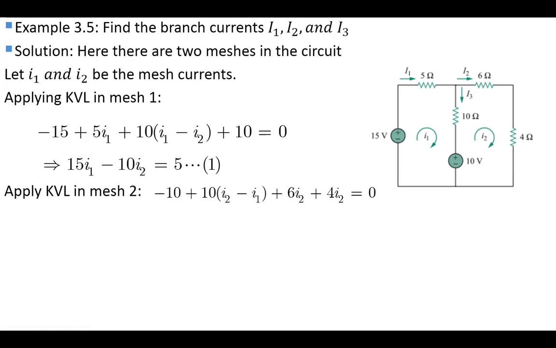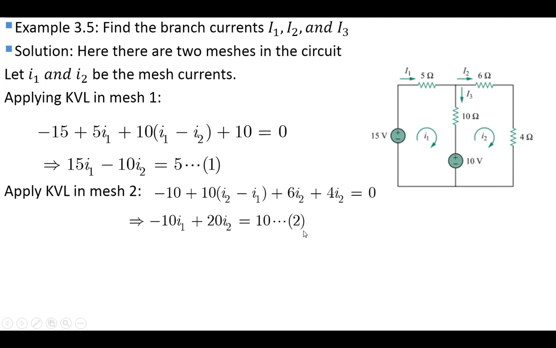Again we can easily simplify this equation. We collect the coefficients for I1 and I2. 10 multiplied by minus I1 is minus 10 I1, and 10 I2 plus 6 I2 plus 4 I2 will be 20 I2, minus 10.